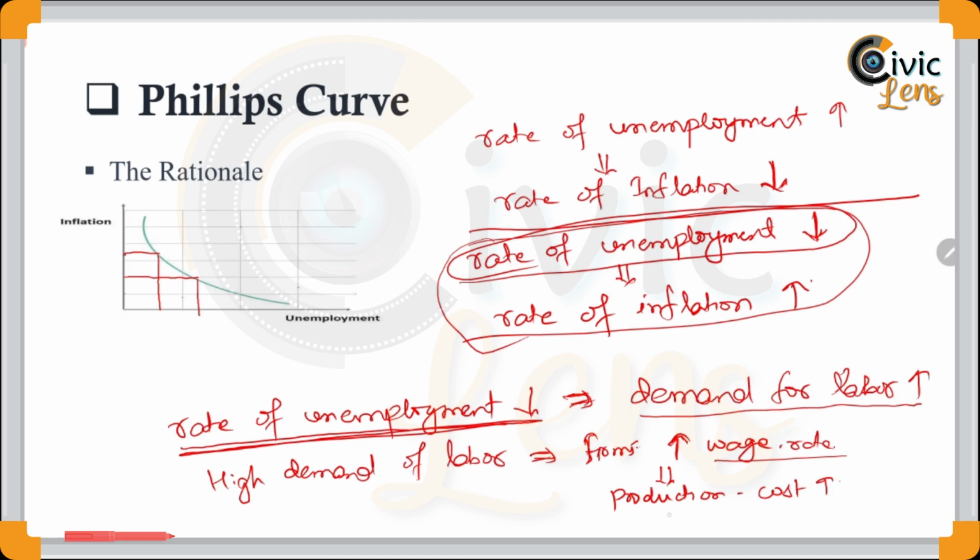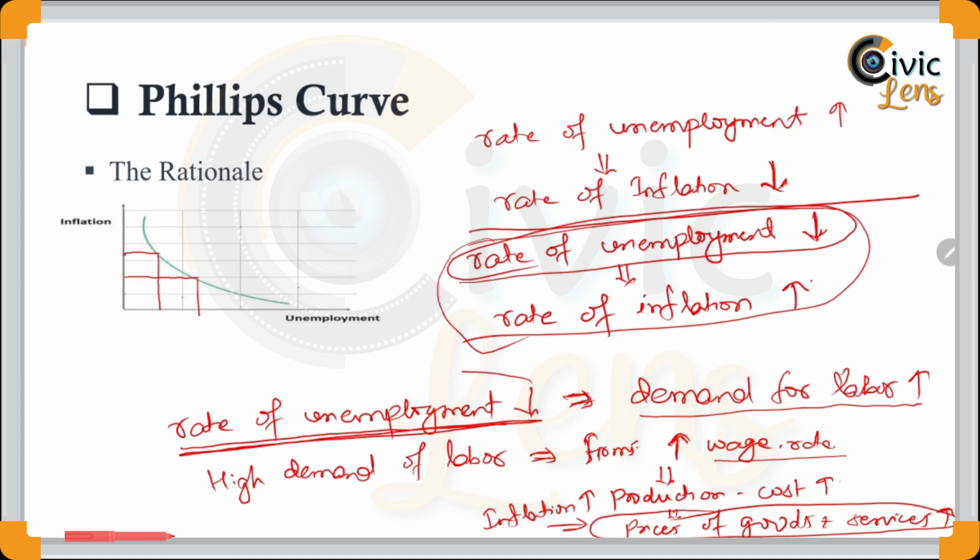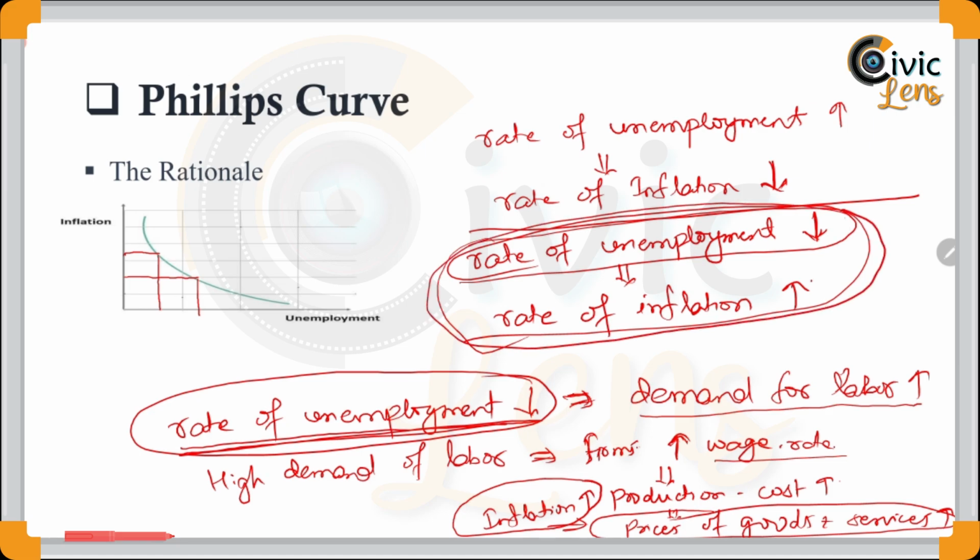And when production cost increases, prices of goods and services will also increase. And this is what is meant by inflation. So inflation will increase. So when the rate of unemployment decreased, the end result is that inflation increased. This is what the Phillips curve says. So this is the rationale behind the Phillips curve, and this is pretty much it about the Phillips curve.